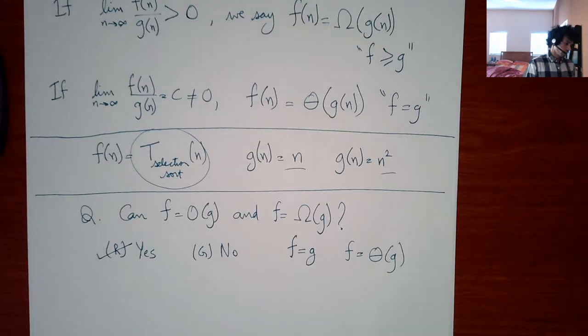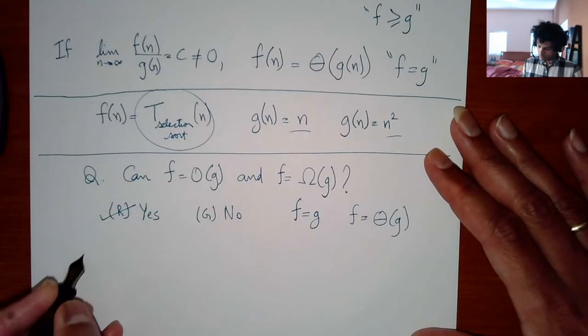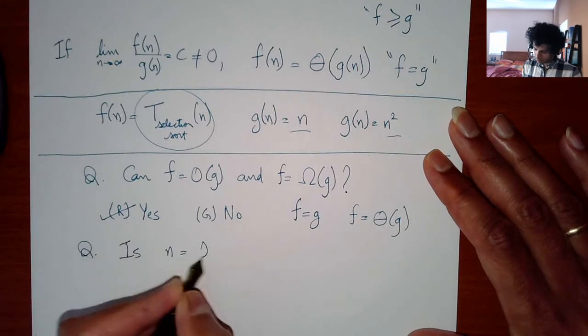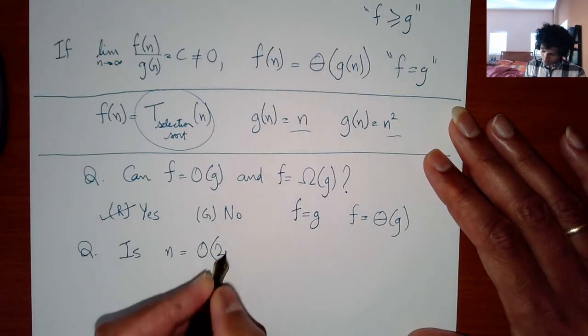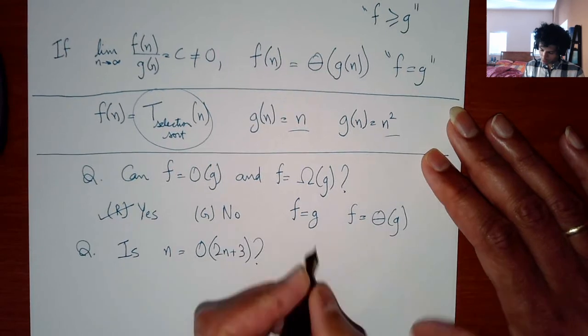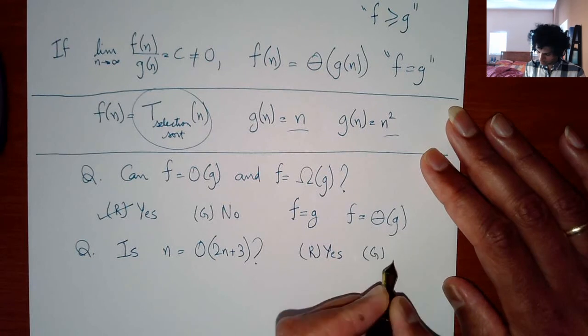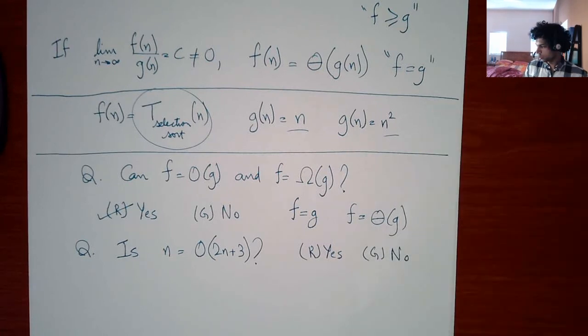Okay. Question. Is n O of 2n plus 3? Again, the red is yes, and G is no. Remember, just take the limit.